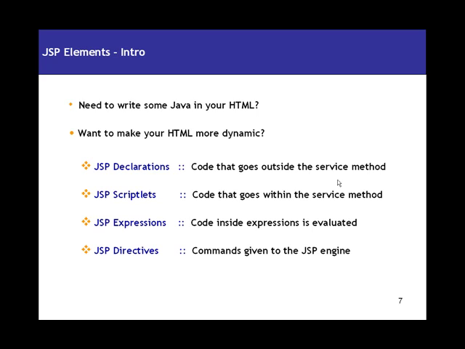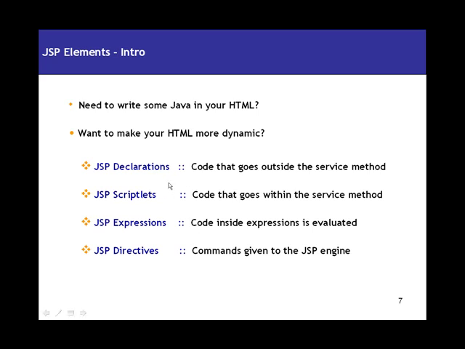How can you achieve that? You can achieve that using JSP declarations. You declare your method using JSP declarations, which will put that method outside the service method. So basically it's a class level method, right? And alternatively, you can even have certain variables defined outside the service method, which will be used throughout the class, right? Next, scriptlets.